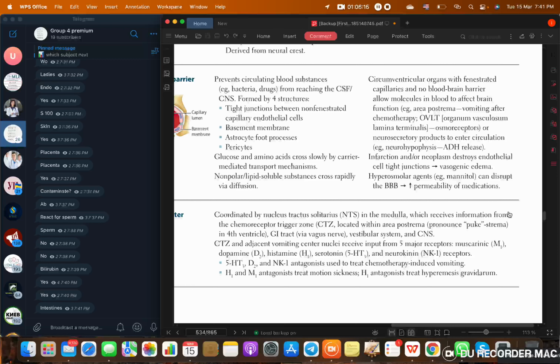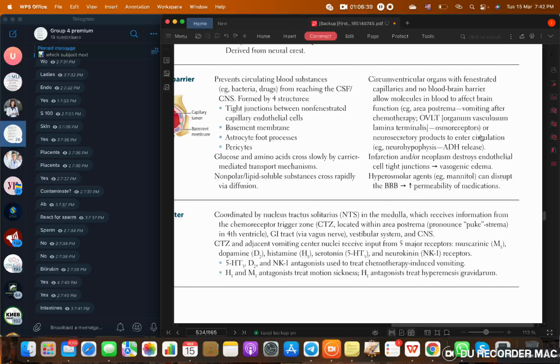Okay, so we also have the organum vasculosum of the lamina terminalis, which is an osmoreceptor, which reacts to the osmolality of the blood. What does that mean? Well, if the blood is hyperosmolar, you need to dilute it. How can I dilute the blood?